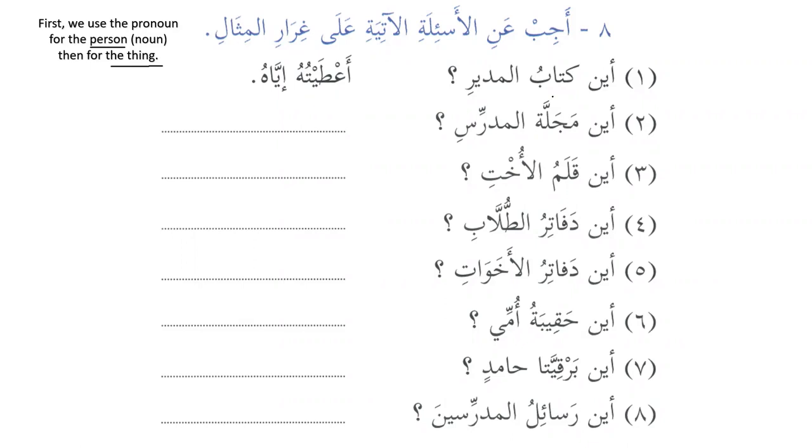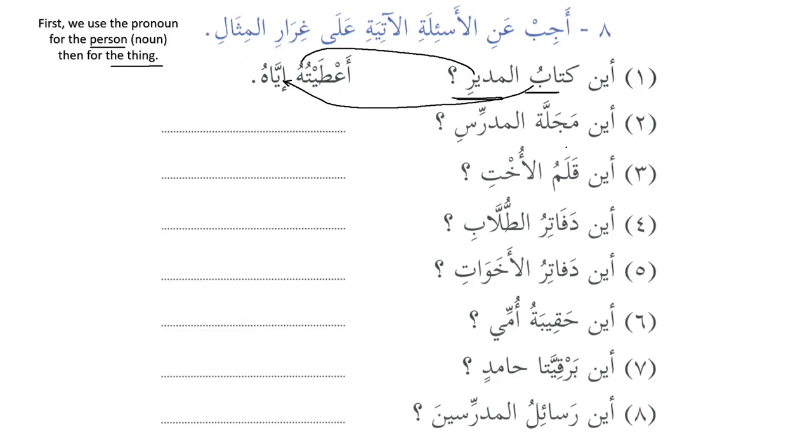For example, first we have the manager, and then we have the book. So first we will use for the person, and then for the thing, for the book. So أين كتاب المدير؟ أعطيته إياه. I gave it to him. In English translation the book comes first, but in Arabic the person comes first, and then we use the thing.